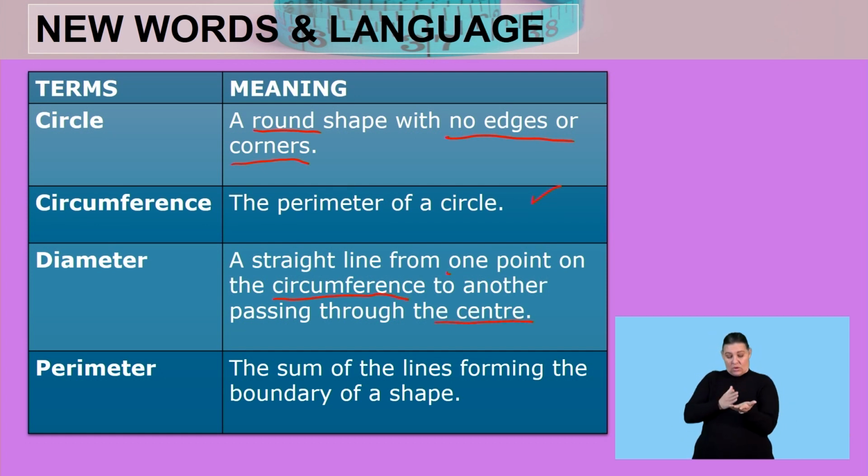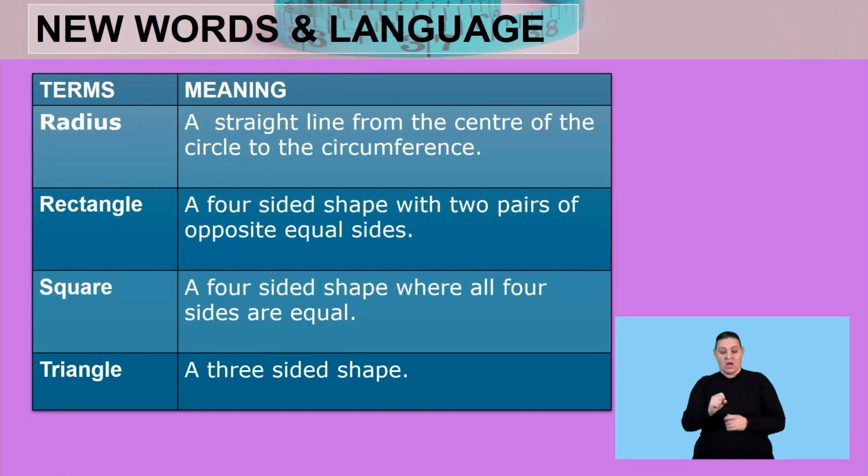It must pass through the center of the circle, and of course that's the diameter. The perimeter now is the sum of all the lines forming the boundary of a shape. All right, so that's what that is. That's what we're going to calculate today. Okay. Radius, a straight line from the center of the circle to the circumference.